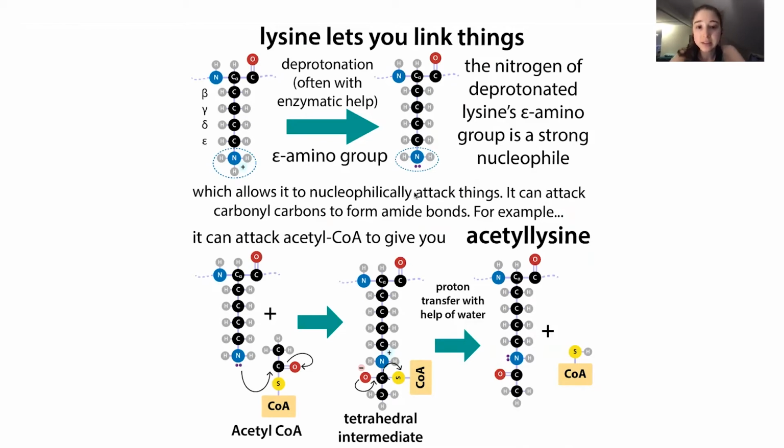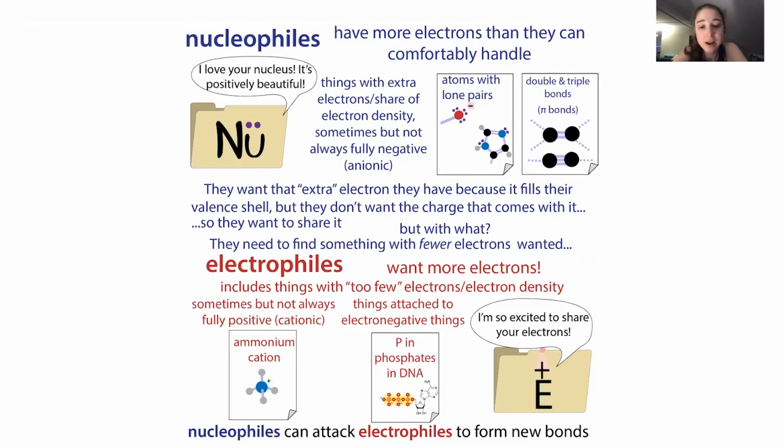Remember, this nitrogen is going to be a strong nucleophile, and so it can attack things. A nucleophile is going to want to attack an electrophile, something that is often partly positively charged or fully positively charged, and it's looking for some electrons to love it.